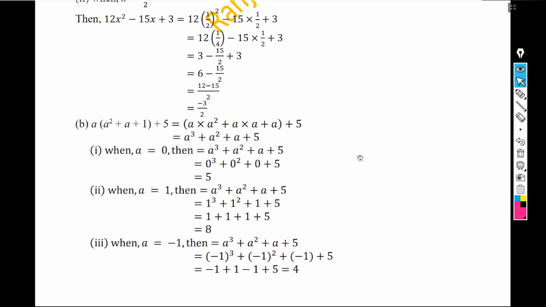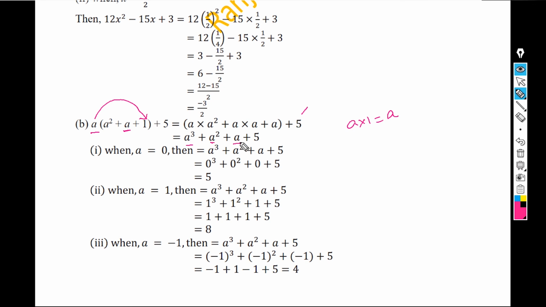Then in case of B, first of all simplify the expression, means a into a square, that is a cube, and a into a is a square, a into 1 is a, and here it is 5.